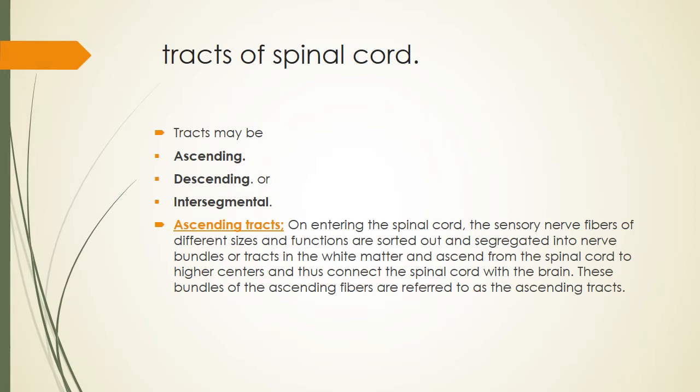On entering the spinal cord, the sensory nerve fibers of different sizes and functions are sorted out and segregated into nerve bundles or tracts in the white matter, and then they ascend from the spinal cord to higher centers. So these tracts connect the spinal cord with the brain. These bundles of ascending fibers are referred to as ascending tracts.